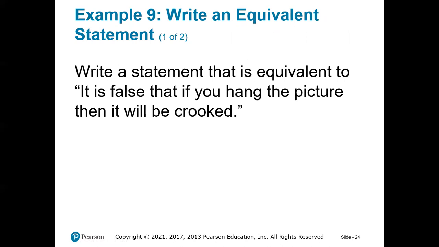Here's an example again. Write a statement that is equivalent to the following: it is false that if you hang the picture, then the picture will be crooked. Again, you need to symbolically represent things. We have two statements: you hang the picture, and the picture will be crooked. The 'if' makes it a conditional, and the 'it is false' is a negation.